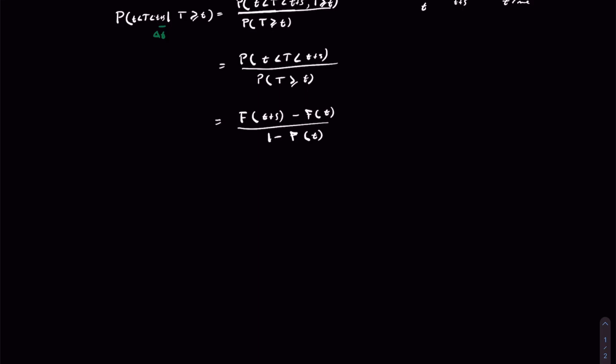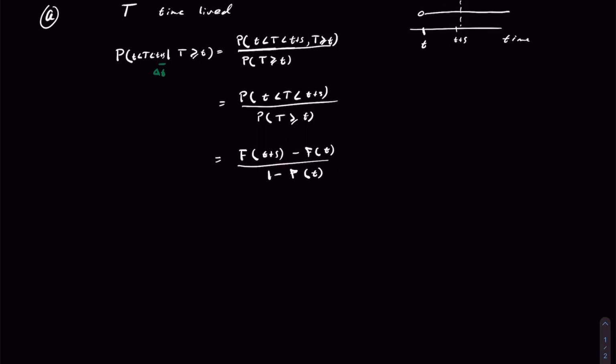So to take the limit, we're going to divide both sides by 1 over s. Why are we doing this division?